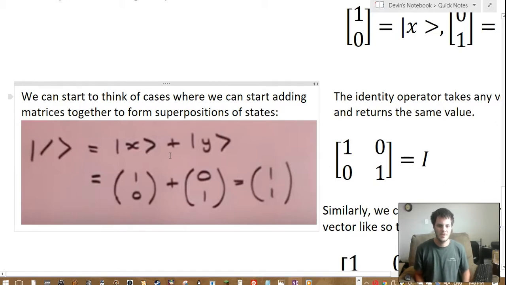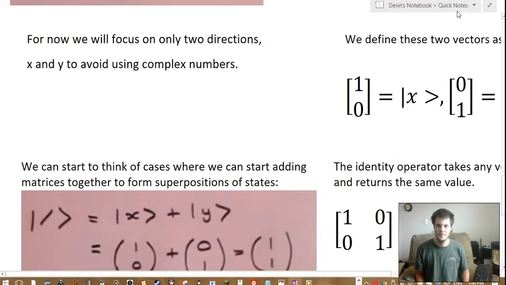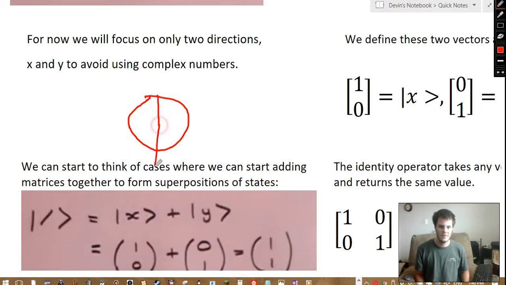So we can start building the sums of these vectors. If you add x and y together, then you have a superposition of states where x and y are both 1. On a circle, that would look like, well, let's draw a circle. Crappy circle. You have 1, and then you have 0 going down that way. If they're both 1, then they're up here, so you have 1, 1.